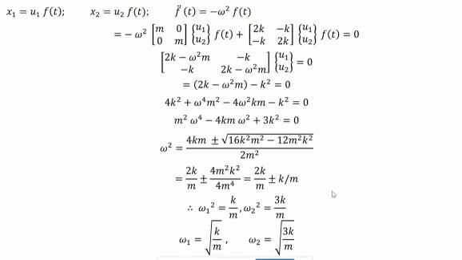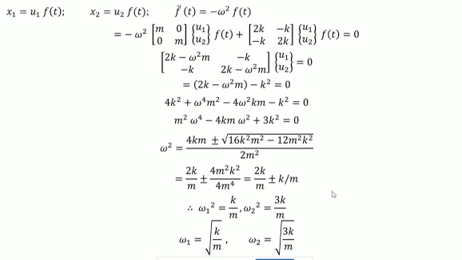You see that we have substituted x1 equal to u1 f(t) and x2 equal to u2 f(t). So f double dot t equal to minus omega square f(t).